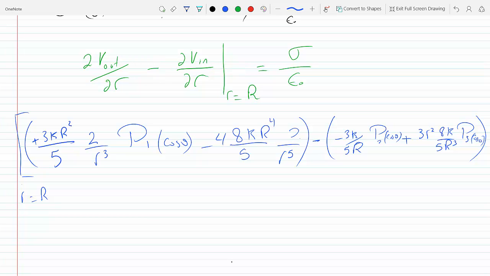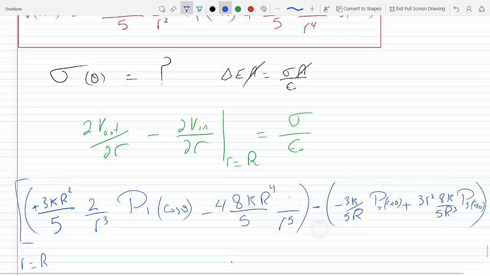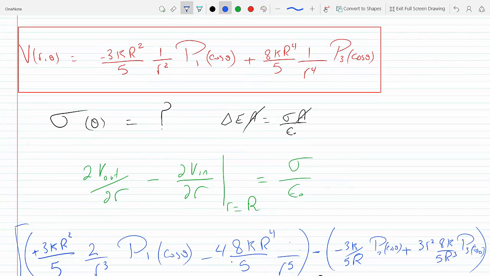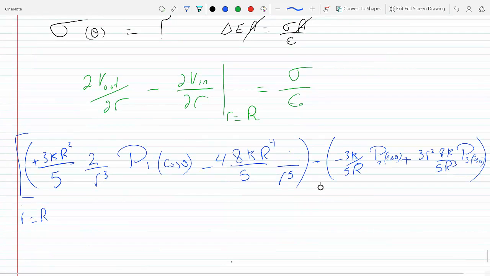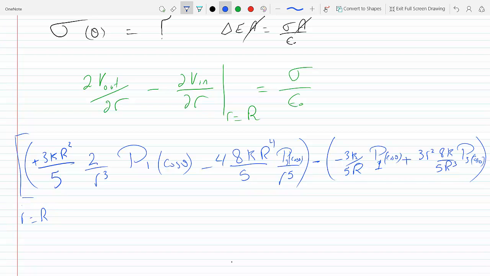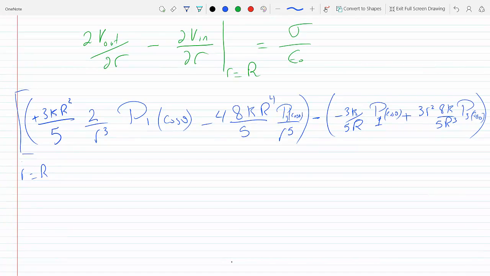Or wasn't there? Yeah, P3. And I forgot on the first one. This was a 1? Yeah, P1 cosine theta, and the last one P3. Okay, and this whole thing has to equal sigma over epsilon.